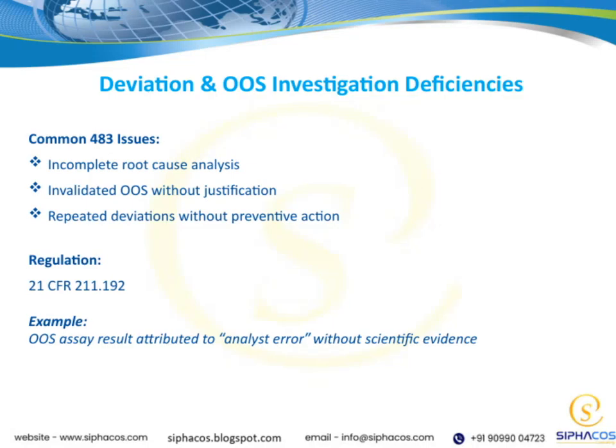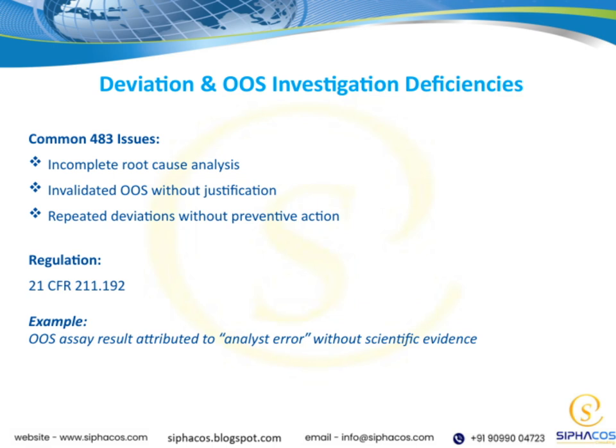Now, let's take a look at some common deficiencies we see during deviation and OOS investigation processes. One major issue is incomplete root cause analysis. This means that investigations often don't go deep enough to identify the true underlying cause of the problem. Without a thorough root cause, it's difficult to implement effective corrective actions.